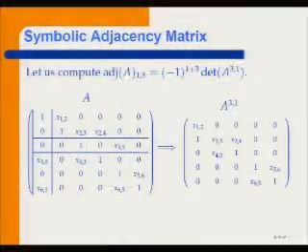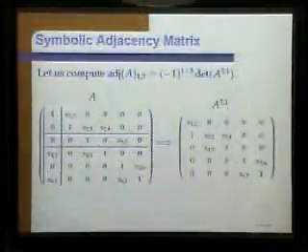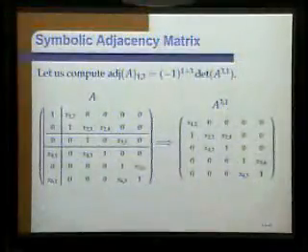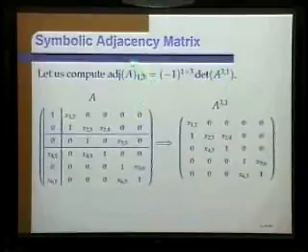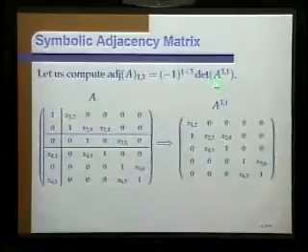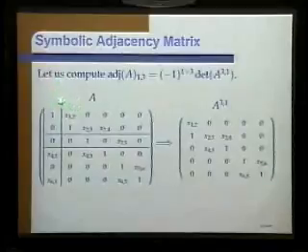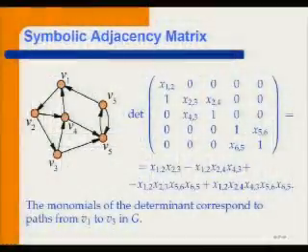Now we would like to ask a question: is there a path from 1 to 3? What we do is take the adjoint of the matrix and compute it. The adjoint is just the determinant of the matrix when we remove the first column and the third row. So let's do it, and we get such a matrix.